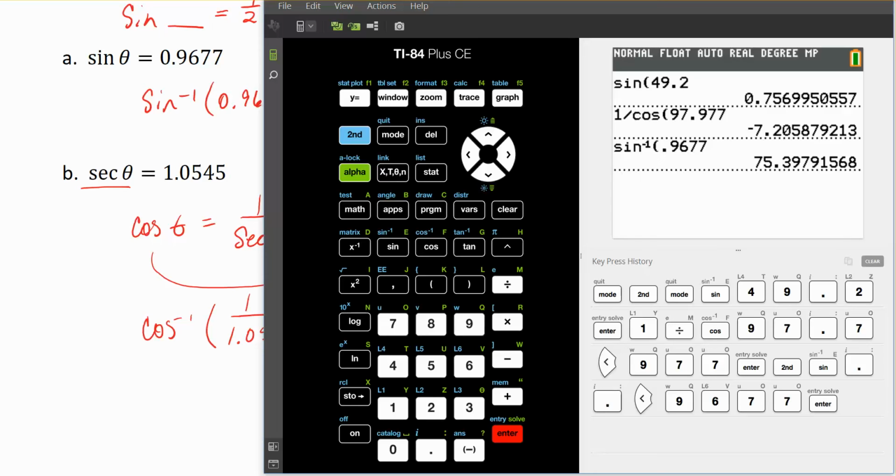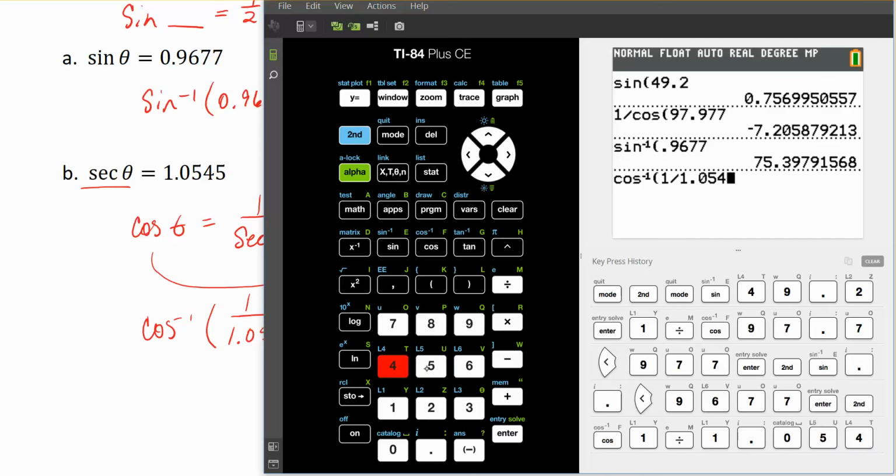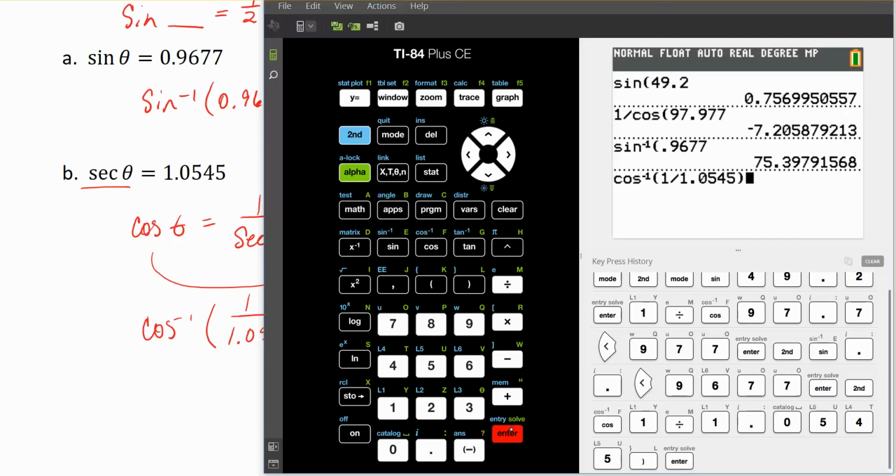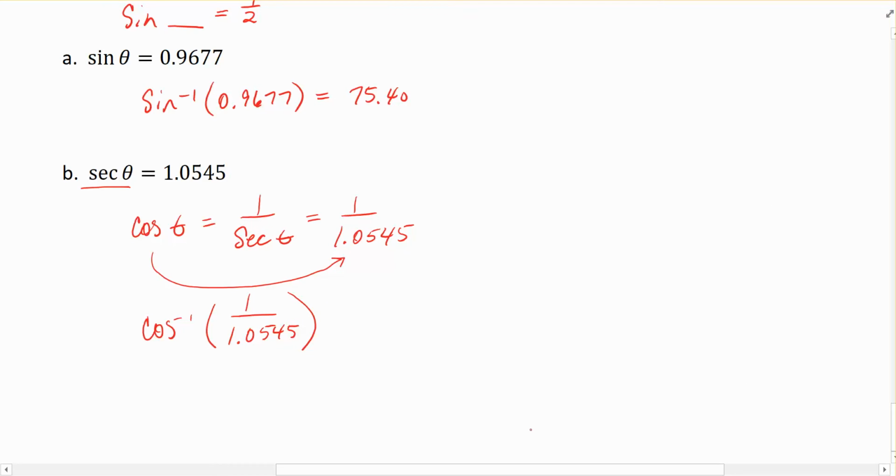So we have the inverse cosine of 1 divided by 1.0545, and we find out that that's equivalent to 18.5 degrees, or the angle measure I'm interested in is 18.5 degrees.